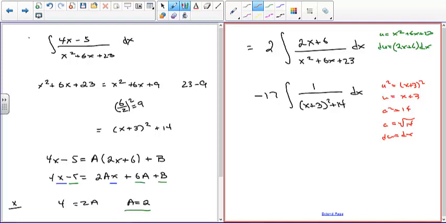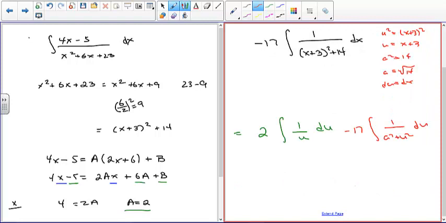So with those substitutions, the first integral is going to be 2 times the integral of 1 over u du, because this 2x plus 6 dx is du, and this whole thing is u. And the second part is going to become negative 17 times the integral of 1 over a squared plus u squared du, using those substitutions.